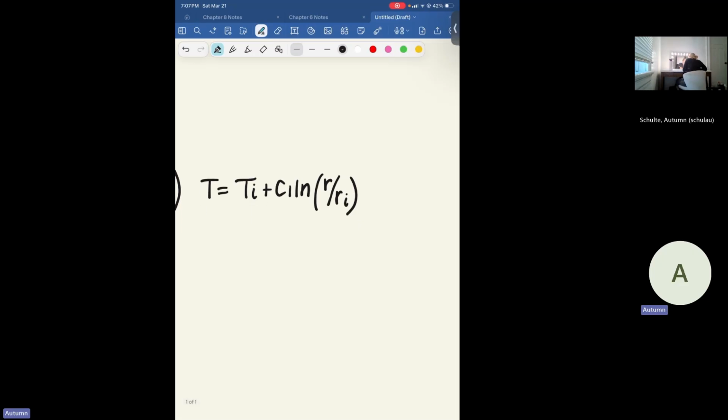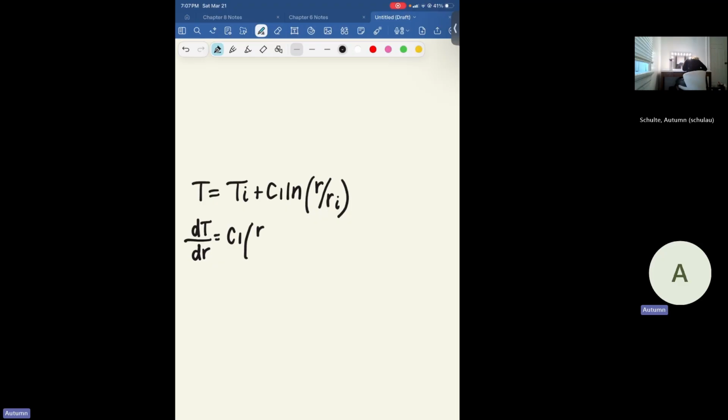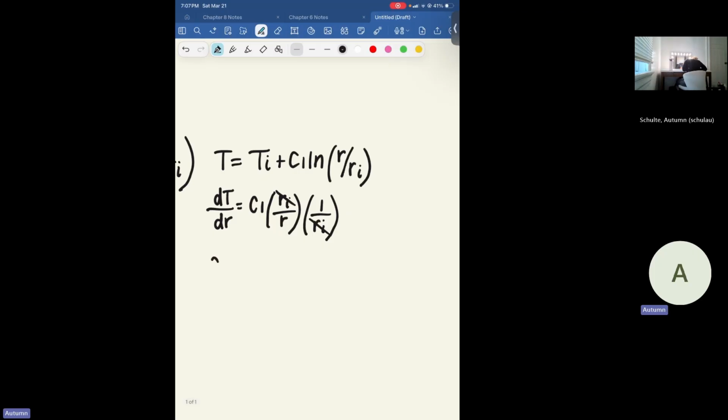Now we're going to take the derivative with respect to our radius, so this becomes dT over dr. Our inner temperature cancels out, and then this is equal to C1 times R_i over r multiplied by 1 over the inner radius. Now we can see that our inner radius terms cancel, and we are left with dT over dr is equal to C1 over some radius r.